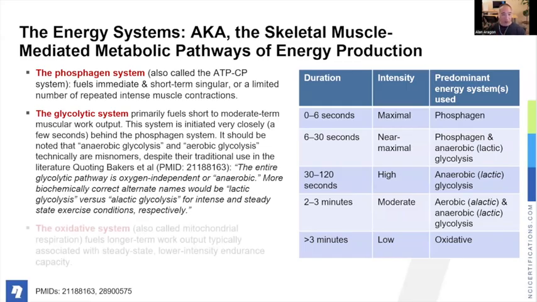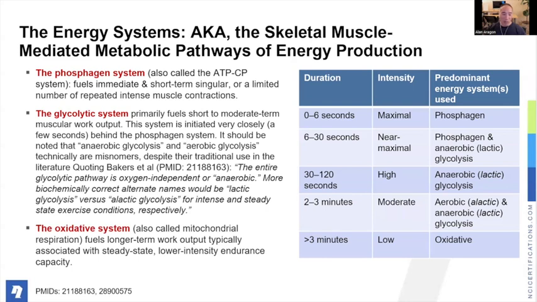And then finally, we have the oxidative system, which is also called mitochondrial respiration. This fuels longer term work output, typically associated with steady state, lower intensity, endurance type work. That's over here, the oxidative system predominates in lower intensity, longer duration over 3 minutes.